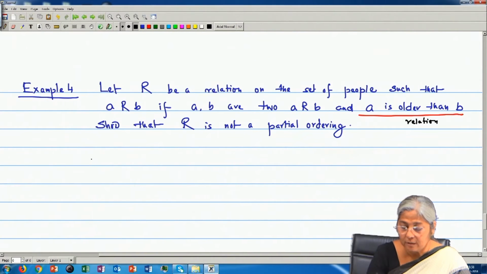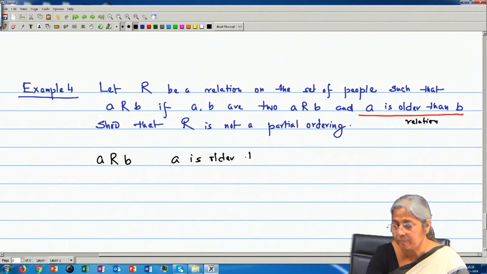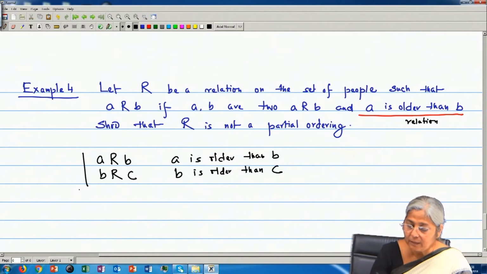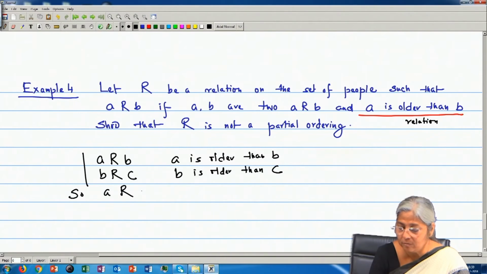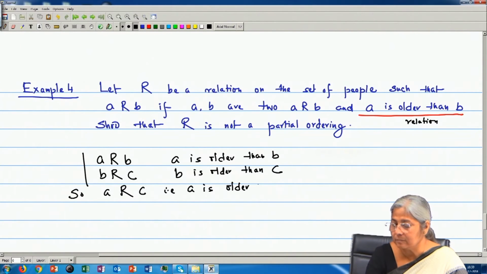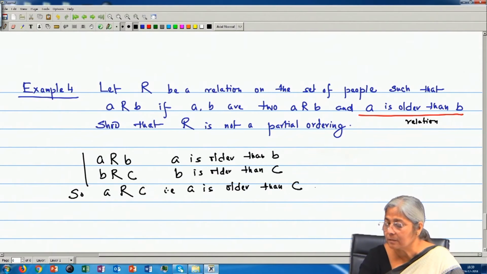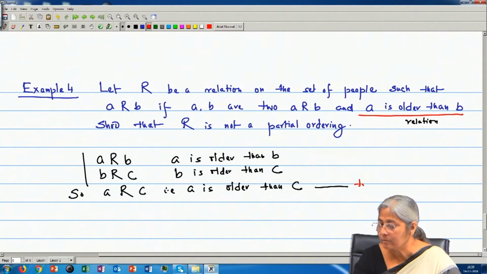First we take 3 people A, B, C such that A R B, that means A is older than B, and B R C, that means B is older than C, and which means that A R C holds, that is A is older than C. So, it is transitive.